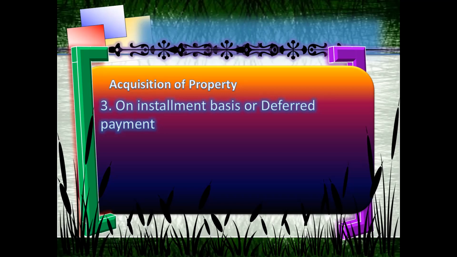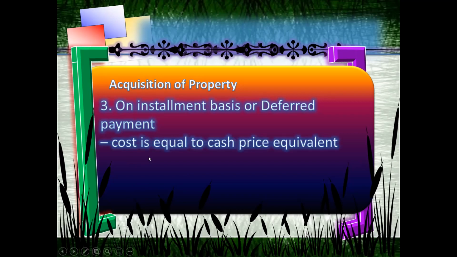So again, initially sabi natin property, plant and equipment should be measured at cost. So dito sa installment basis, ano kaya yung i-report natin or i-consider natin as cost of your property, as our basis for the initial measurement. So ang sabi, under the installment basis, ang cost daw is equal to the cash price equivalent.